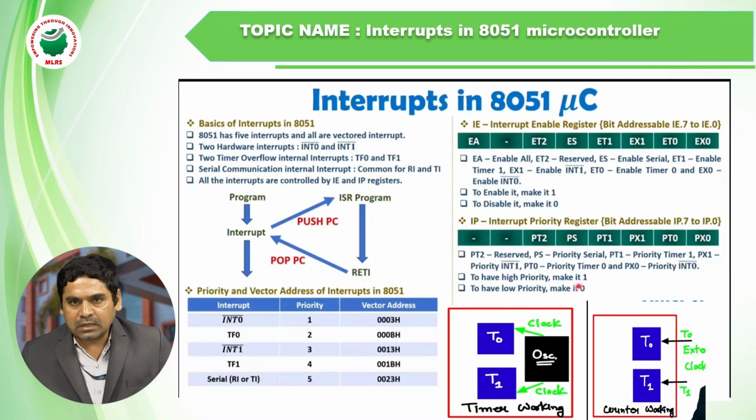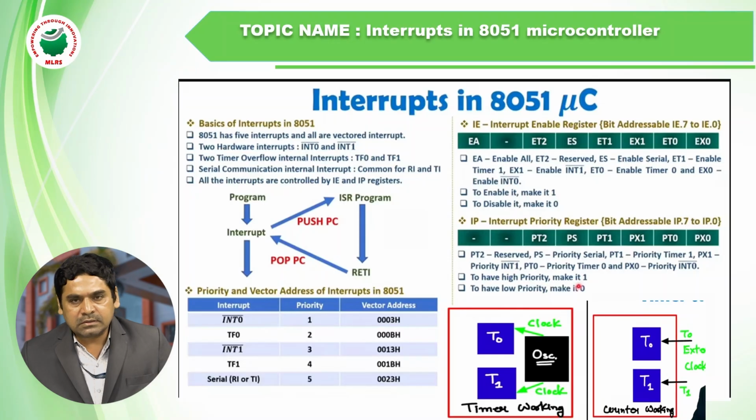When the clock is given internally by the 8051, they work as timers. If the same T0 and T1 take the clock from external sources, they work as counters. This is the difference between timers and counters. During execution of the main program, these five interrupts can occur. How are priorities given?